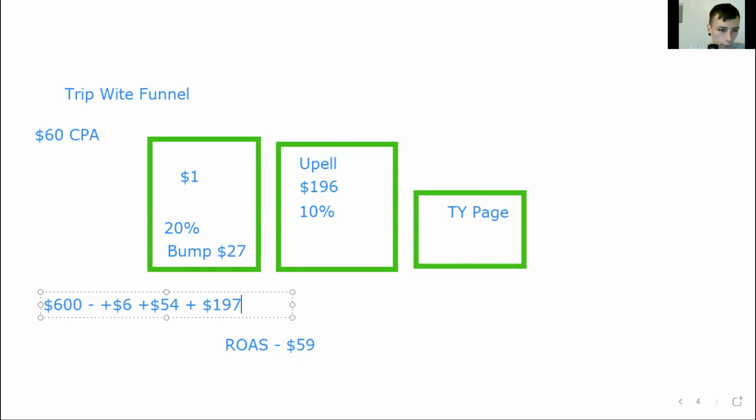So now we've got $197 plus $54 plus $6. We've spent $600 and we've made $257. We're still negative. Let's see.